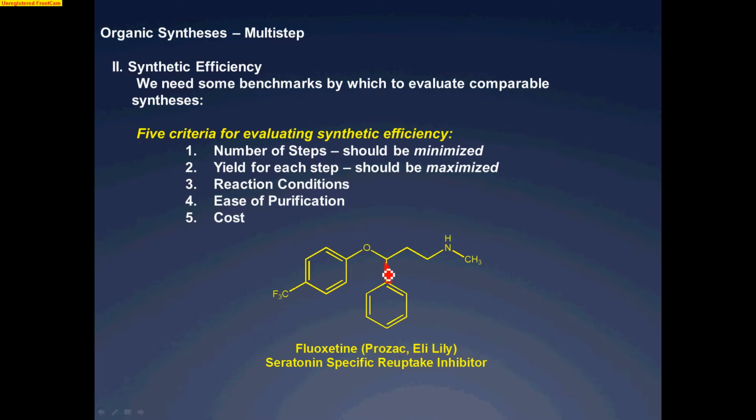So if we go back and think about the topic of enantioselectivity and prior syntheses, we have to think about an approach by which we can obtain a chiral molecule here.